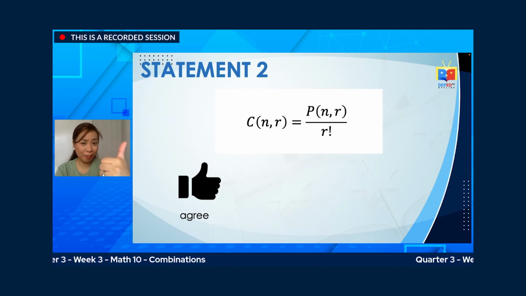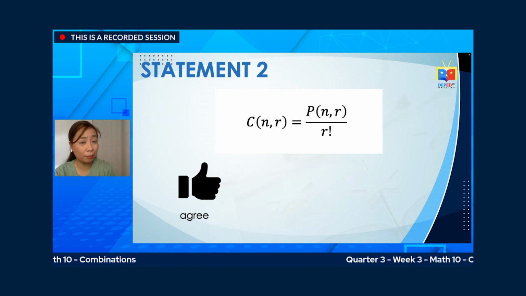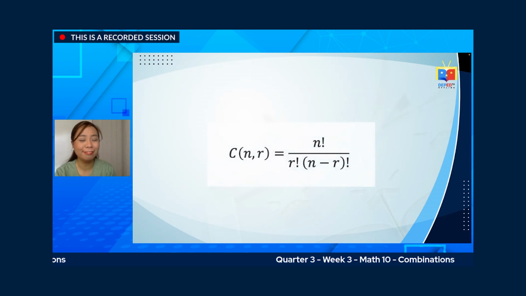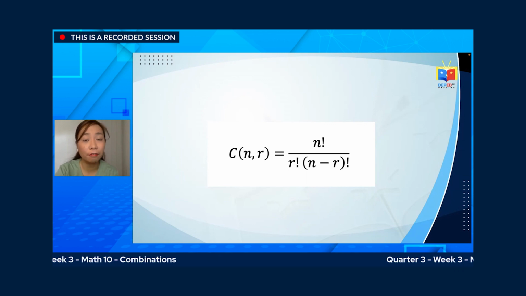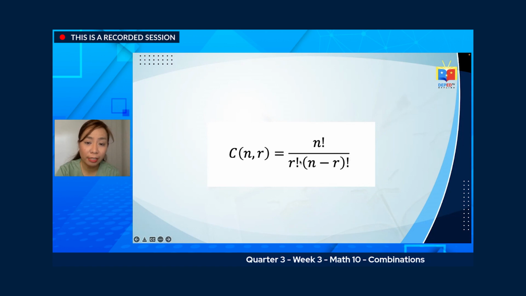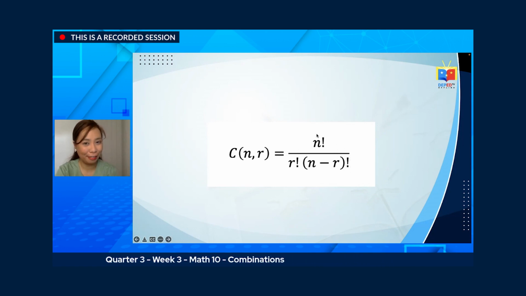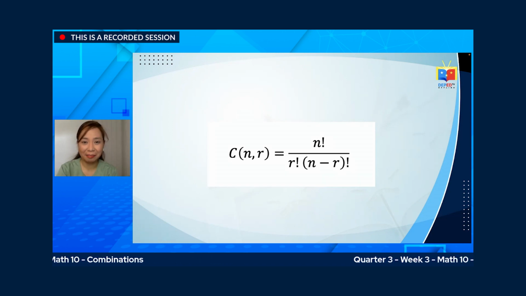It's agree. Remember how we derived the formula for combination? Yes, this is our formula. Combination of n objects taken r at a time is equal to n factorial over r factorial times the quantity n minus r factorial. Take note that n factorial over the quantity n minus r factorial came from the permutation formula. Now let's try the next statement.